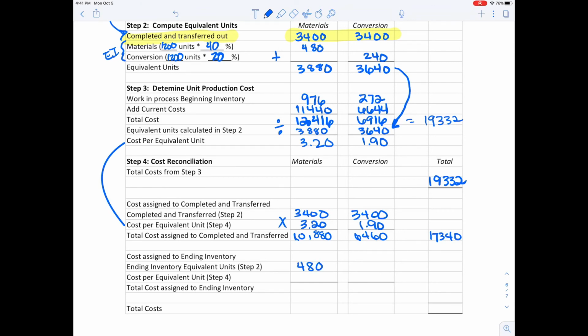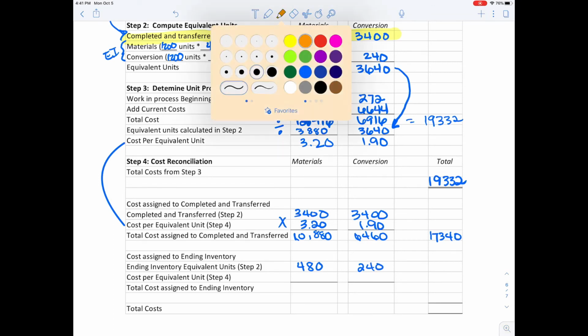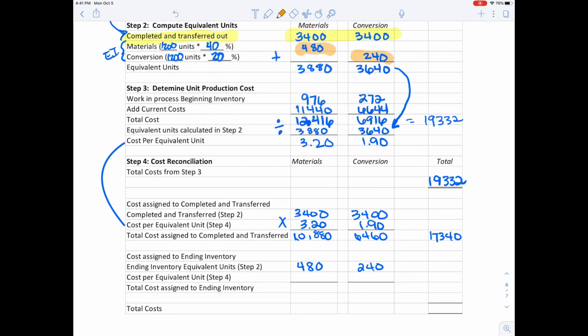And then I look at my ending inventory. I'm going to bring in those equivalent units, again coming from these numbers here. The cost per equivalent unit doesn't change, $3.20 or $1.90.